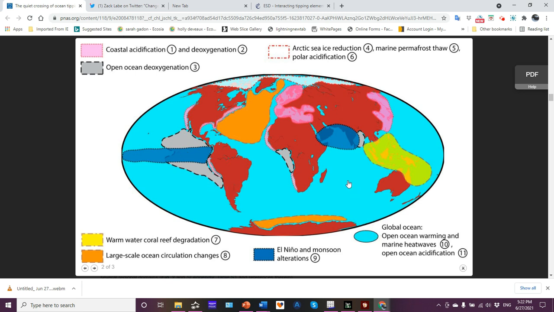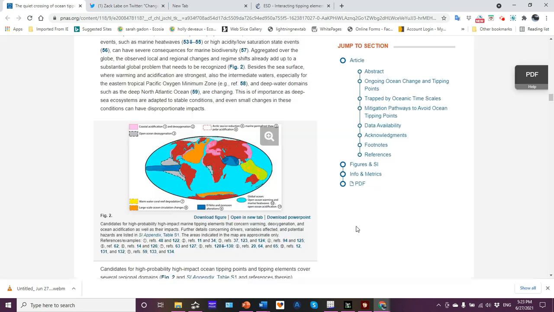And of course, the light blue is the global ocean: open ocean warming and marine heat waves, open ocean acidification, and not surprisingly, that's pretty much all of the oceans. So they're basically identifying what's taking place and giving you a general idea of what areas are seeing the greatest impacts. So this kind of maps it out for you.